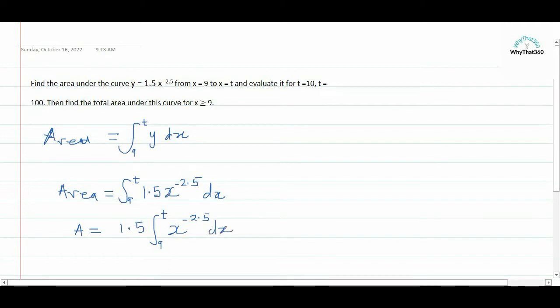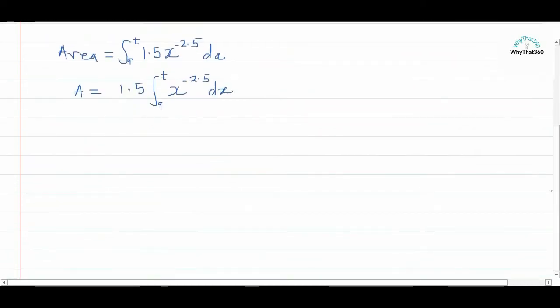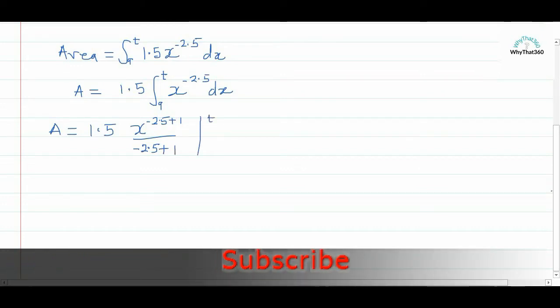of x to the power negative 2.5 dx. At this point we will go ahead and find the integral, which will be equal to 1.5 x raised to the power negative 2.5 plus 1, all divided by negative 2.5 plus 1, and we have the upper limit to be t and the lower limit to be 9.